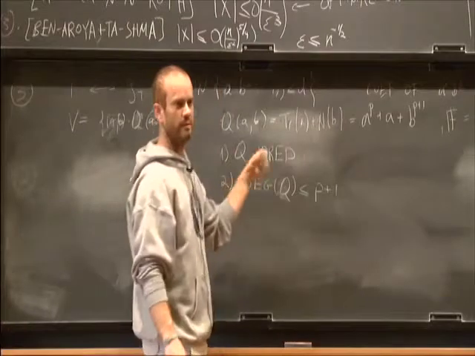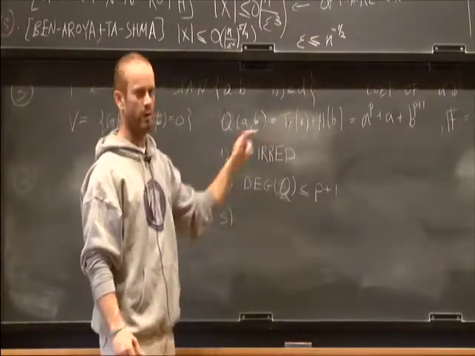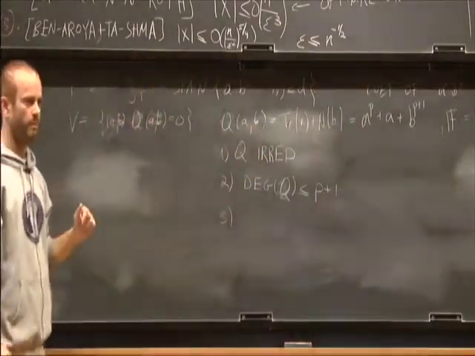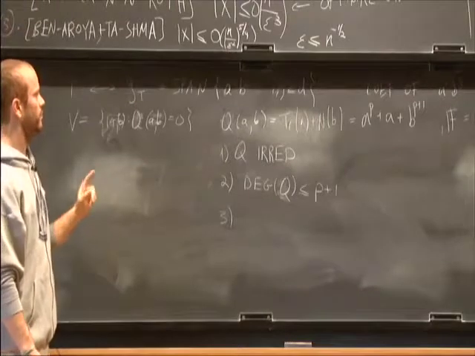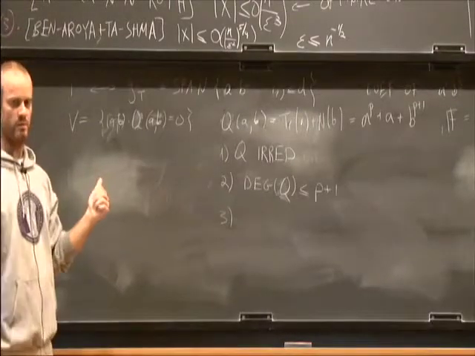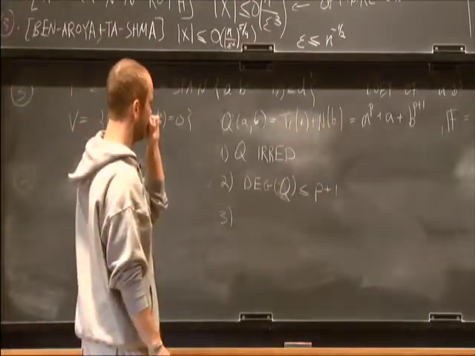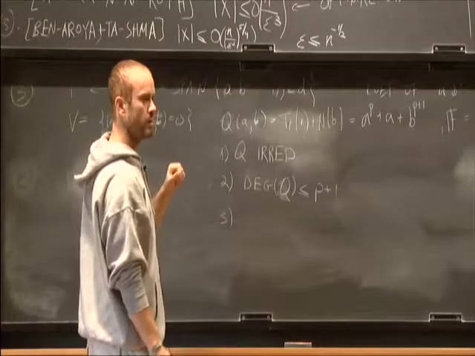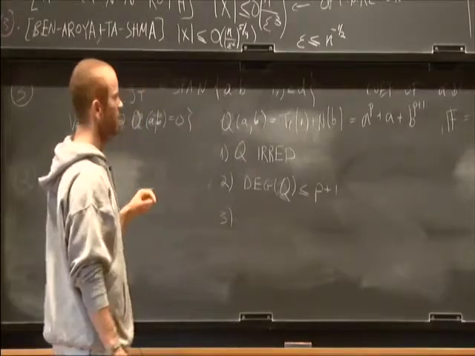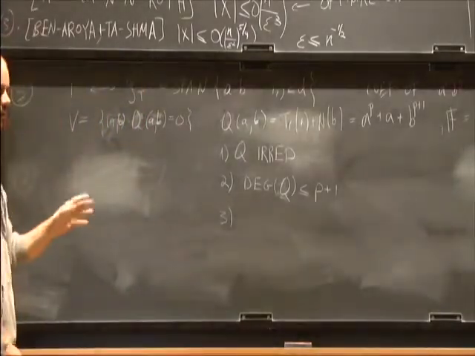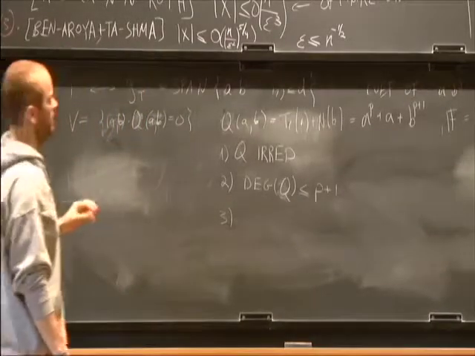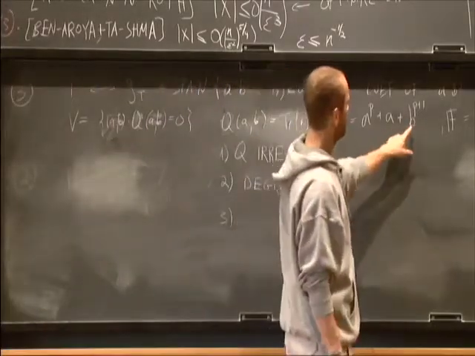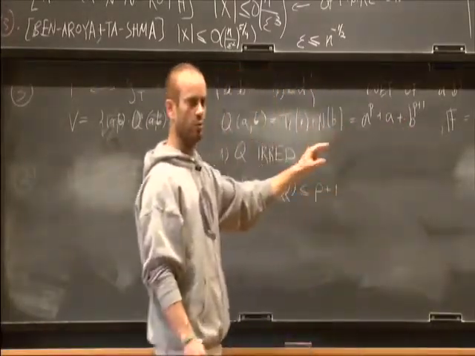The trace is a map from Fp squared to Fp. It's a linear map from Fp squared to Fp. This is one property. Trace is linear, but not the norm. No, the norm is not linear. And this map is also from Fp squared to Fp.